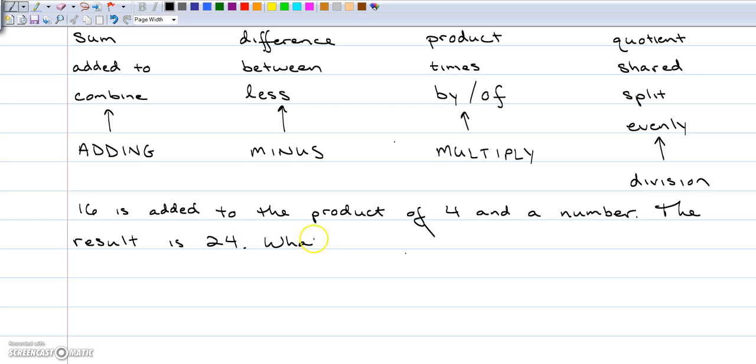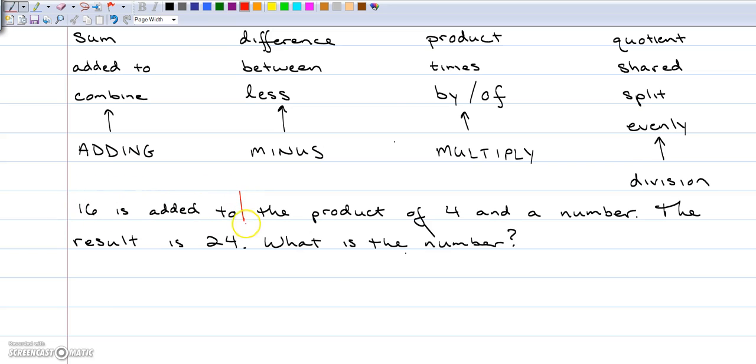What is the number? There we go. That's plenty of information for you to try and figure this problem out. But we gotta take it slow. We gotta go through the key words, each small individual part of this whole problem.